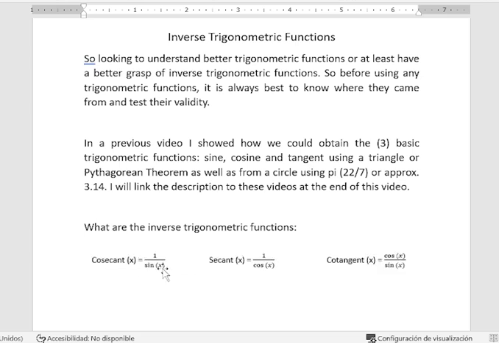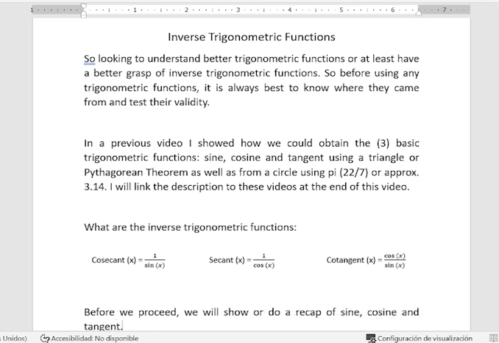Cosecant, which is 1 over sine, secant, which is 1 over cosine, and cotangent, which is 1 over tangent, or cosine over sine. So, before we proceed, we will do a recap of sine, cosine, and tangent.